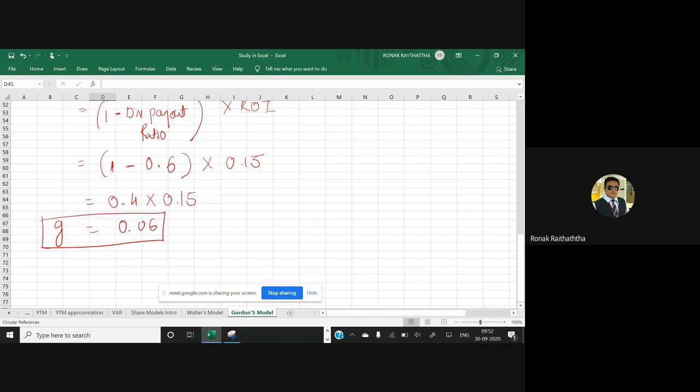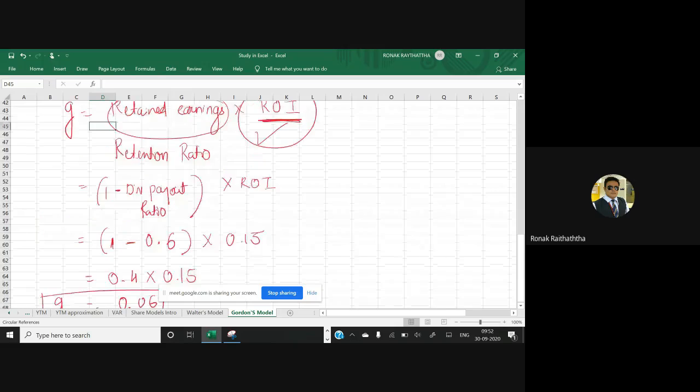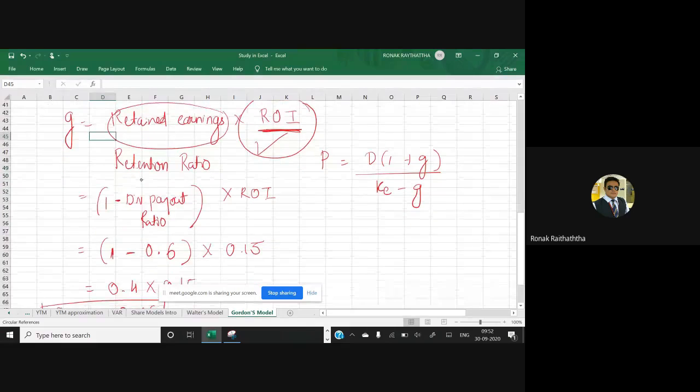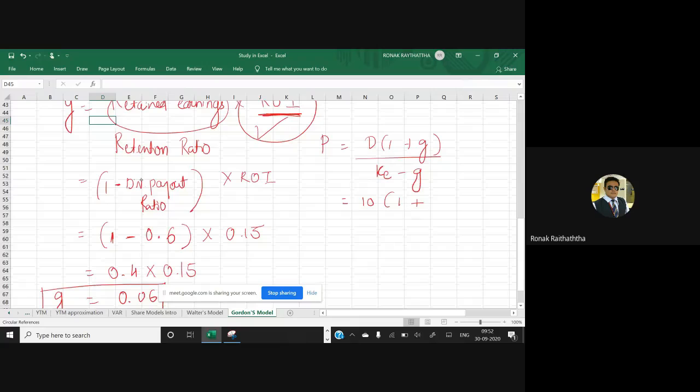Now, the formula we have as per Gordon's model, when we have a constant growth rate, is the price equal to D1 (1 plus G) divided by (KE minus G). So D stands for the dividend per share, that is 10 rupees. G stands for the growth rate. Growth rate is 0.06.